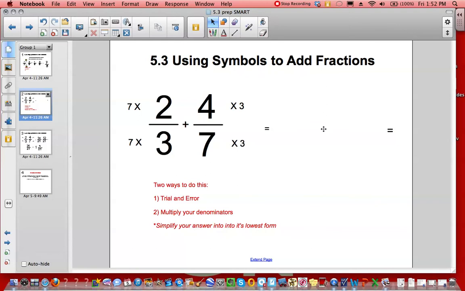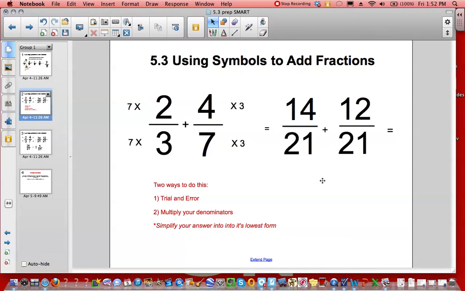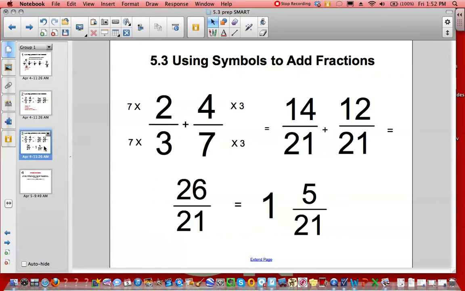So my new equation would be 2 times 7 is 14, 4 times 3 is 12, and we're adding those. Both have a new denominator of 21. 3 times 7 is 21, 7 times 3 is 21. This is a very fast way to find what your common denominator could be. So 14 and 12, if we add those together, equals 26/21.